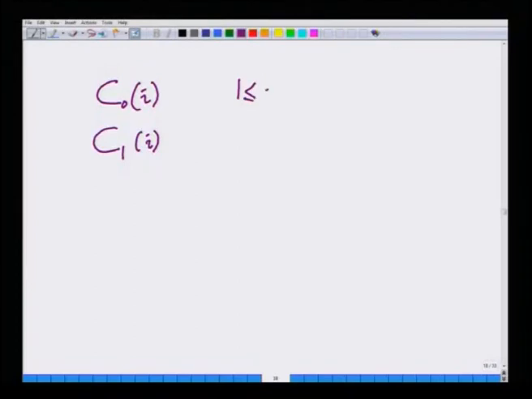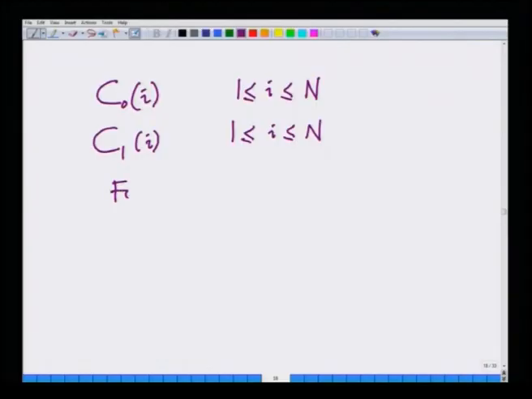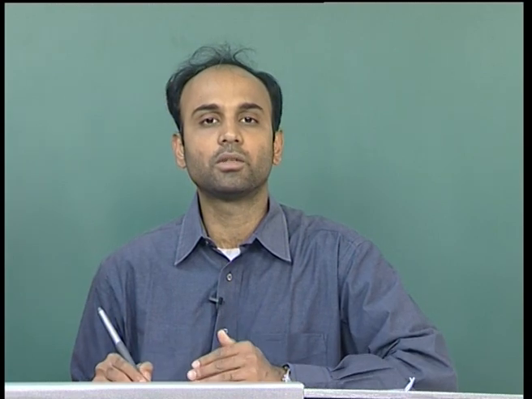These are of length n, that is 1 less than or equal to i less than or equal to n, and further C0 and C1 are themselves independent. Alright, so C0 and C1 are independent, that is the chips of C0 have no relation to the chips of C1, that is, both these sequences are generated as independent random events.